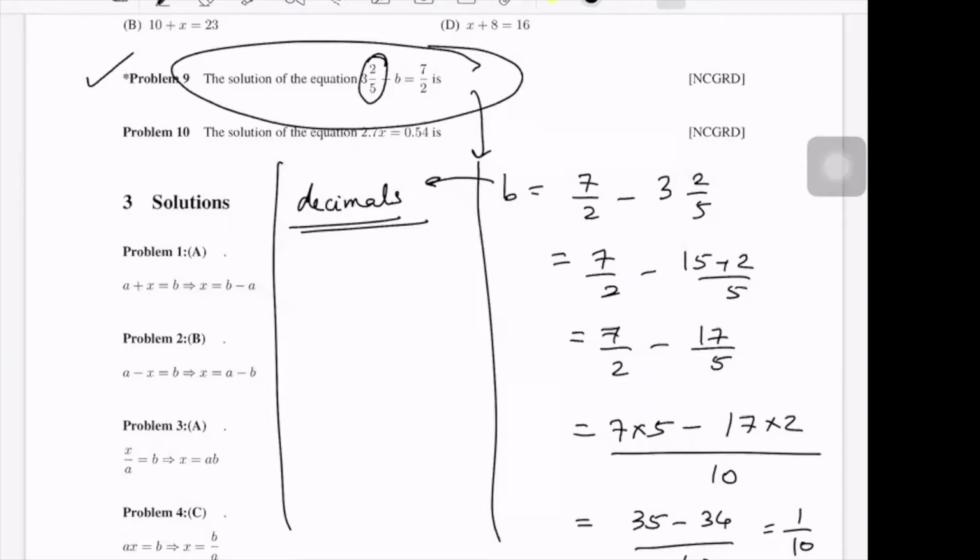It's 0.4, right? See, 2 by 5 is nothing but 0.4. Why? 2 parts out of 5 is the same as 4 parts out of 10, which is 0.4. So your expression is simply 3.4 plus b is equal to, what is 7 by 2 in decimal form?